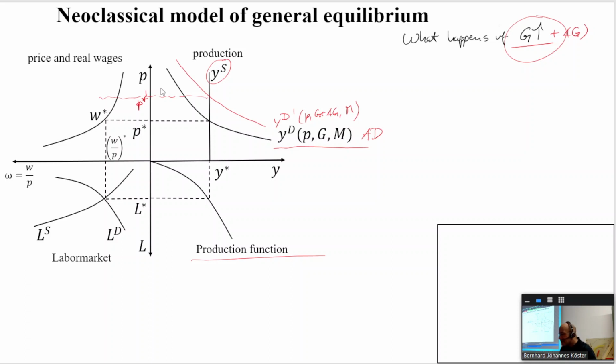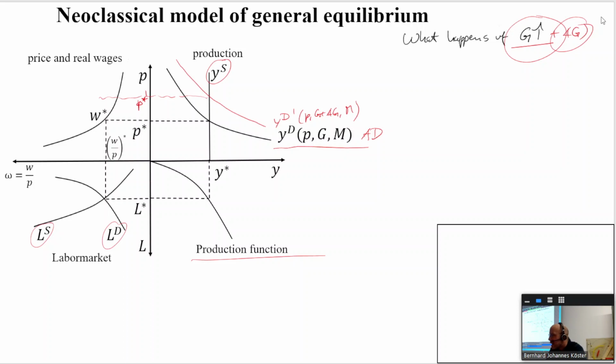But also at the labor market, production function, our preferences. We have not made any assumption that our preferences should change, that our utility function should change. Only government expenditure is changing.